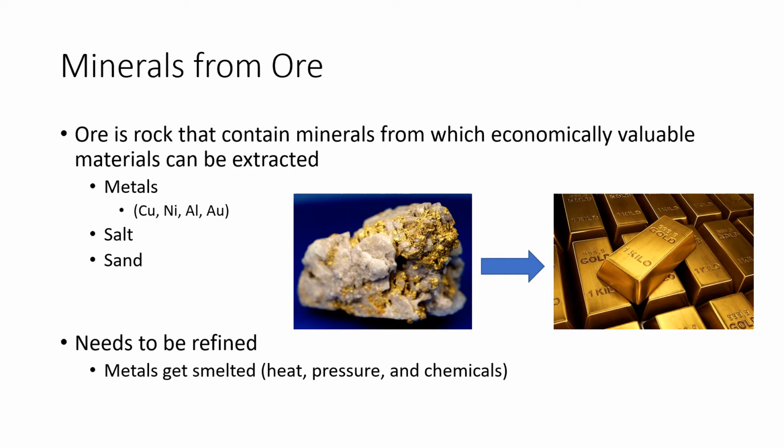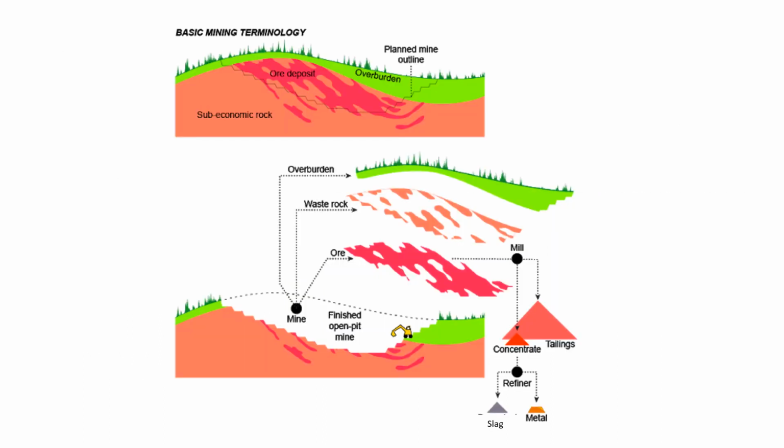But once we actually get that ore, we need to refine it. And so we get the excess, or the tailings, off of our ore, and then we refine it. So we heat it and separate it out from its impurities through heat, pressure, and chemicals. And so here is a nice little picture, a little vocab list as to what we're looking at.